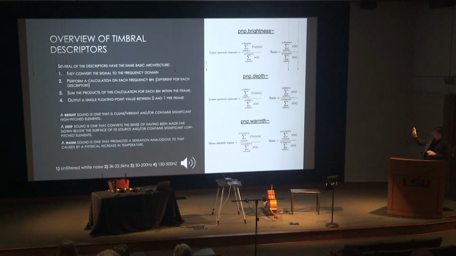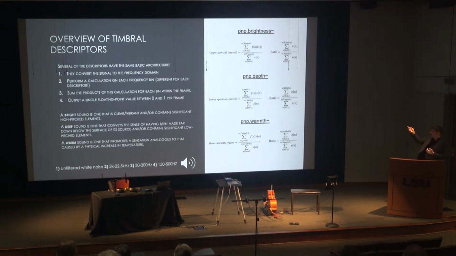The equations for the upper spectral centroid, lower, and mean warmth region are essentially the same formula. It's what we call spectral centroid analysis. It's the average weighted frequency per frame. You can think of it as the center of mass of each frame, where the average energy is concentrated. This is very similar to how we calculate the mean.